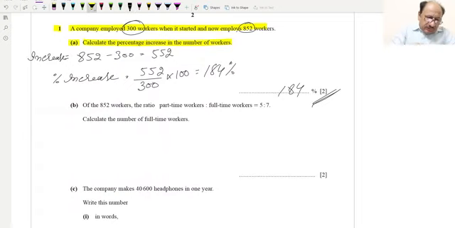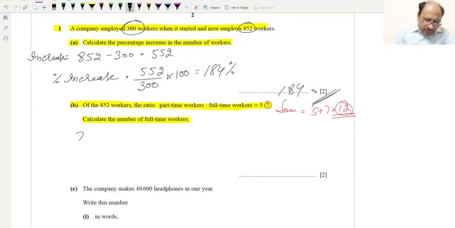Now part B. Part B says of the 852 workers, the ratio of part-time workers to full-time workers is this one. So we'll check the sum of ratios. The sum is equal to 5 plus 7, which is equal to 12. Calculate the number of full-time workers, and keep in mind full-time are 7 portions out of 12.